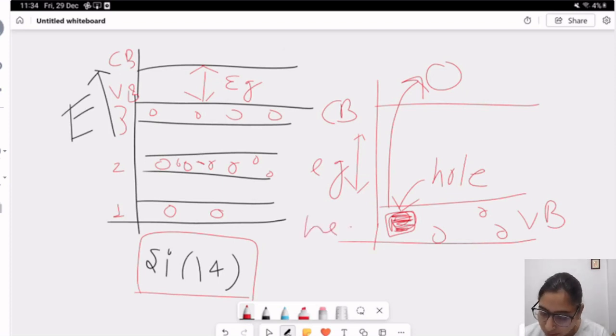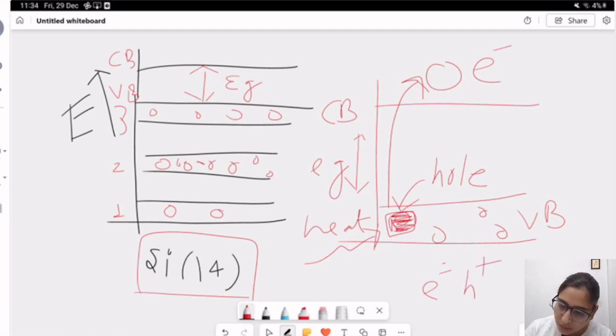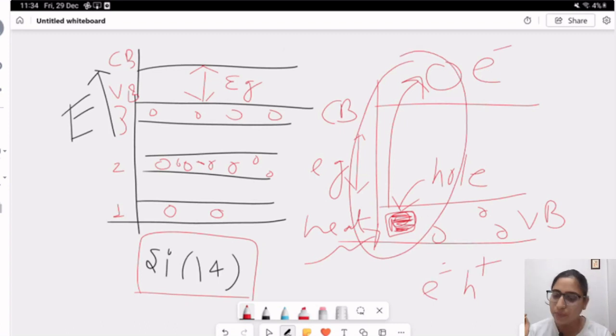So we can see that the electron is excited due to heat. Now in this space, one hole is created. So this is the formation of an electron and hole pair. EH pair. This is the EH pair. Electron negative, hole positive. So this is our EH pair.